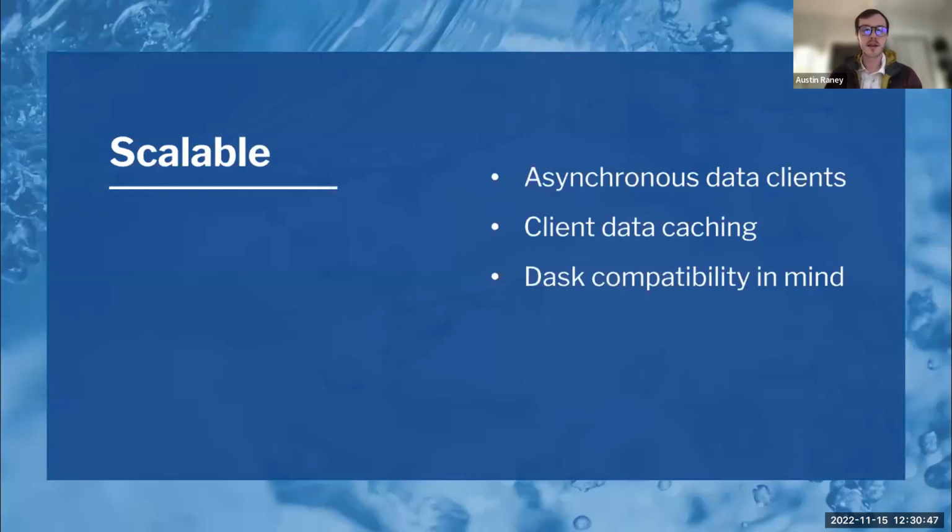So our data clients take advantage of Python's asyncio package, as well as multiprocessing, and where available, we are compliant with other packages like Dask, and do as much client-side data caching as possible, which means when you get the data once, you don't have to get it again.